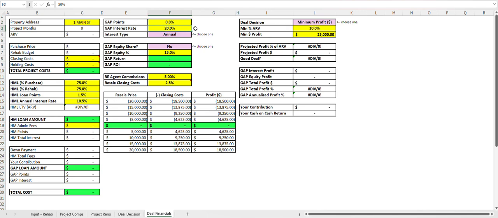If not, you would enter, you can actually do them both. So let's say it's 1 point plus, let's say you offer a 20% annualized rate. What that annualized rate means is that if you hold it for 1 year, it'll be 20% interest on their money. If you hold it for 6 months, it'll be half of that. So it'll be 10% interest on their money.